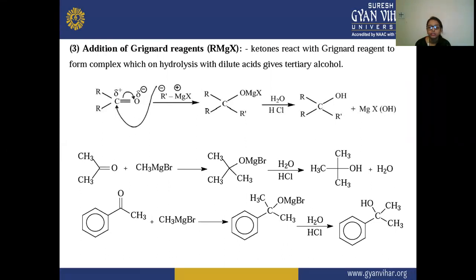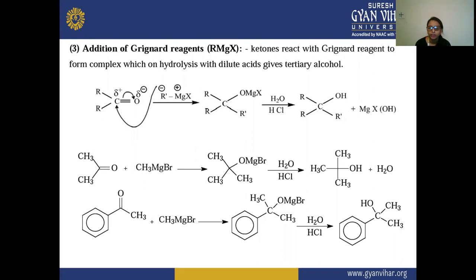The RMgX, which is a Grignard reagent, is also dissociating. This R negative will react with this C having the partial positive charge, and there is a formation of this, and MgX will react with the oxygen atom, and there is a formation of this intermediate.